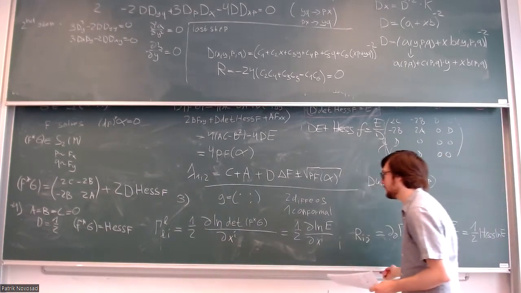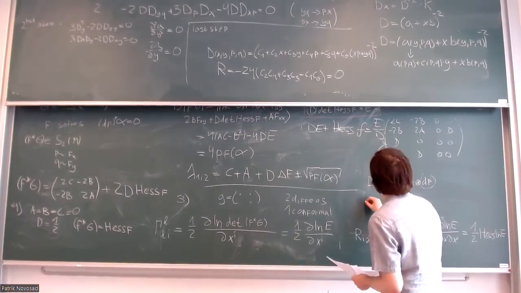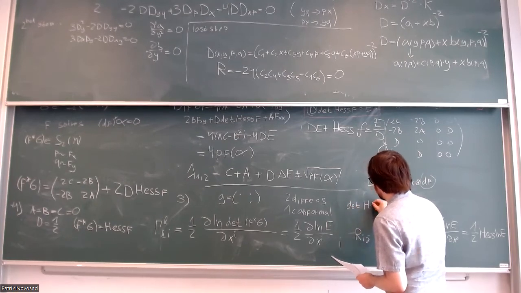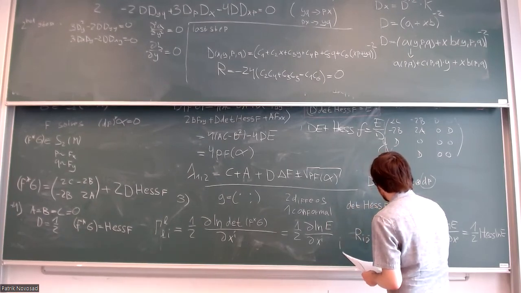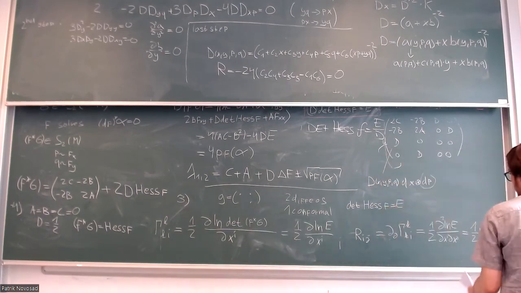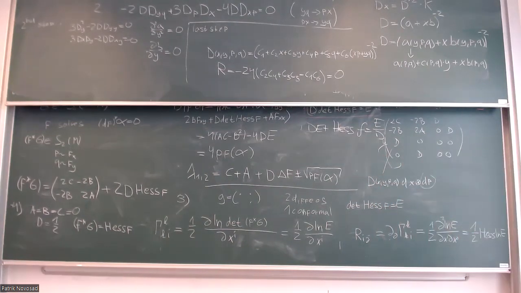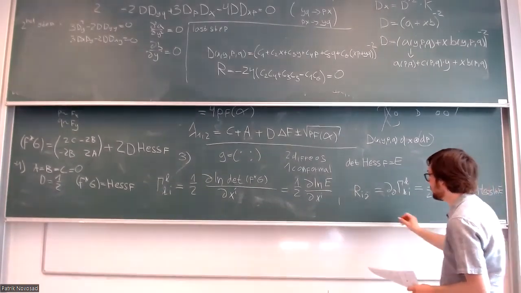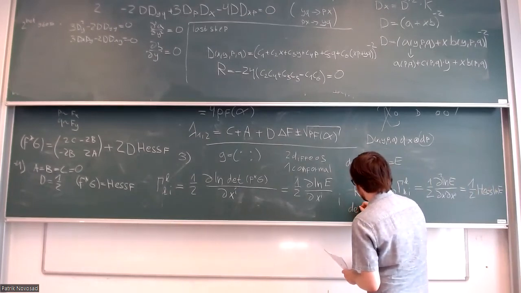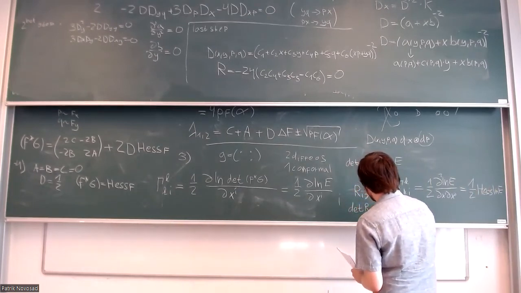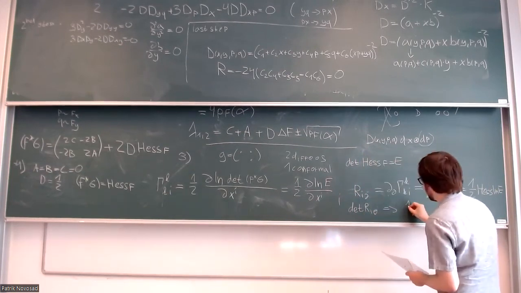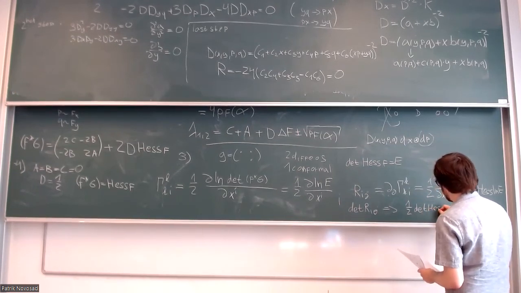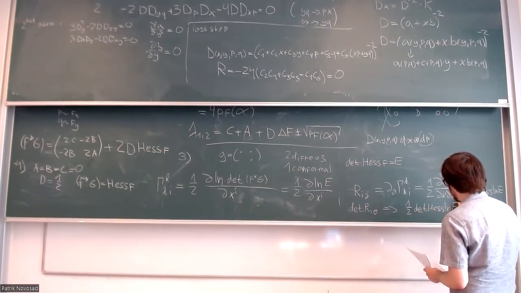So we return from starting with the equation that the determinant of the Hessian of f is e, to the Einstein equation, which is that the Hessian of the logarithm of e is 0. So if we do just one thing, if we take the determinant of this, then you get an equation, 1/2 determinant of the Hessian of the logarithm of e.